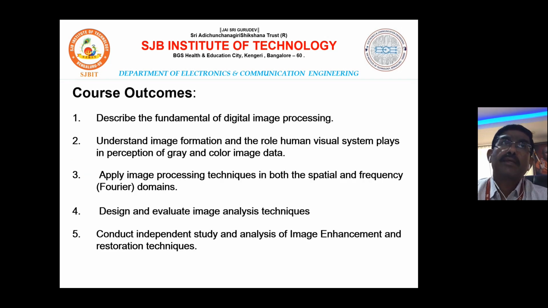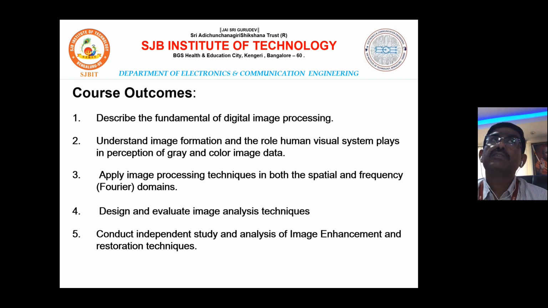So, the purpose of the subject, because nowadays we have the outcome based education system. The outcome based education system is nothing but everything becomes output based, outcome based. The course outcomes we are going to discuss. In each module, we have some COs, course outcomes defined.